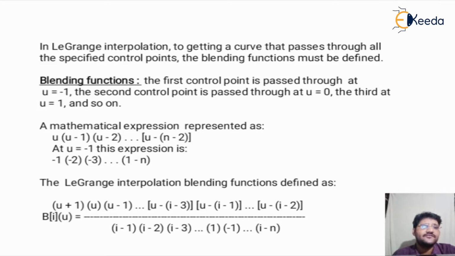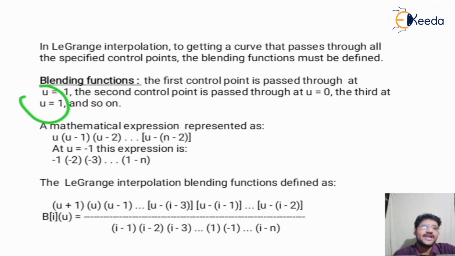must be defined. In the blending function, the first control point is passed through at u equal to -1, the second control point is passed through at u equal to 0, and the third control point is passed through at u equal to 1, and so on.